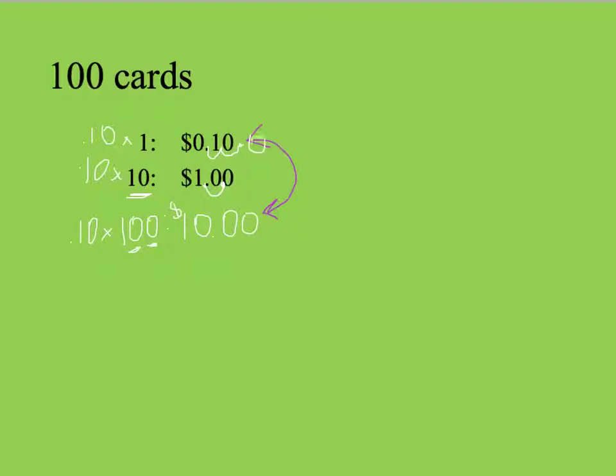This number now matches how much money Andrew would earn once he has sold 100 cards. So by looking at the number of zeros in the power of 10 that you're multiplying by, you can figure out how many times you need to move the decimal place over.